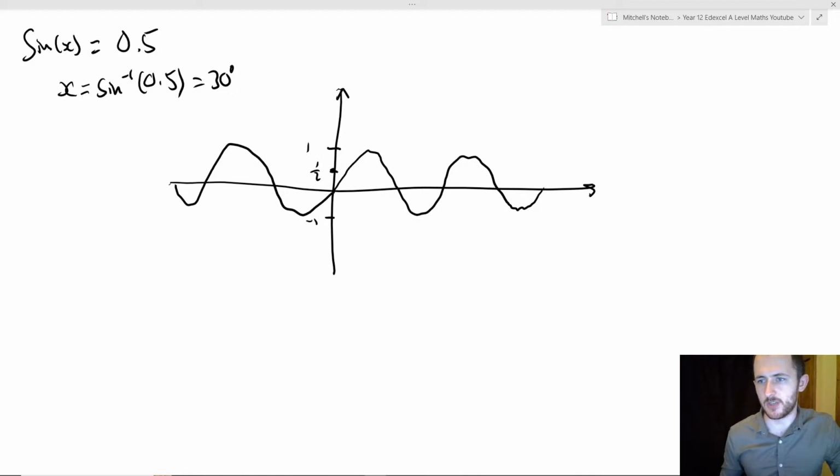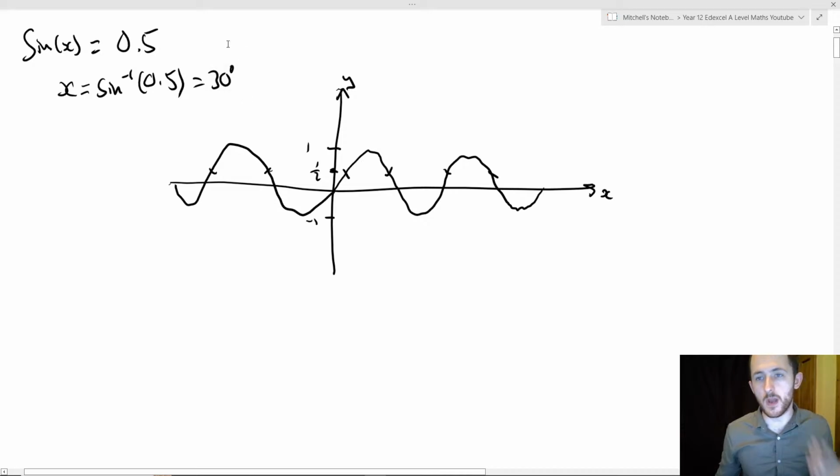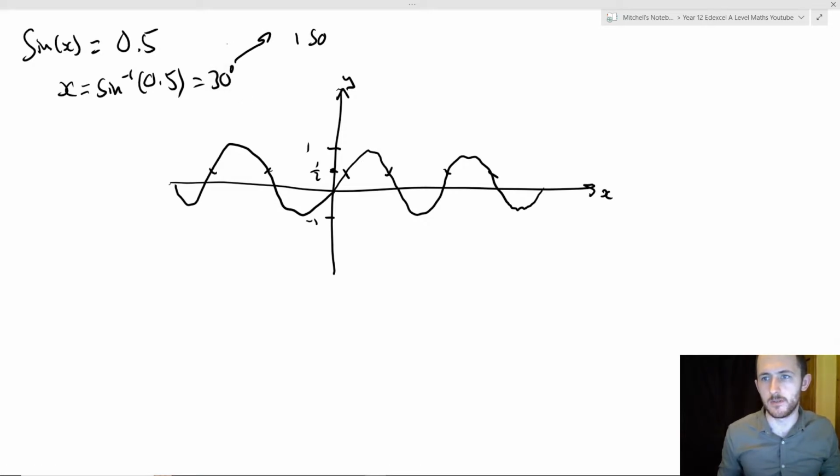If you look, it actually crosses at multiple points where the y-axis equals a half. So the problem is that although this is a correct solution, it's only one solution of an infinite number of solutions.